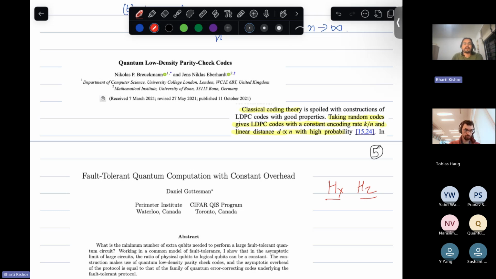Even if you take them randomly and they correspond to good parameters, the issue is that HX HZ transpose equal to 0, which is the CSS condition, may not be satisfied. And that has been stopping people from developing good quantum LDPC codes for a long time.